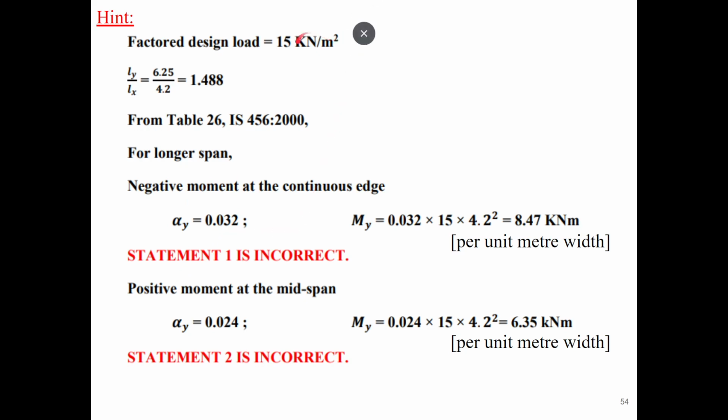W is 15. But we need lx, because my is alpha y w lx square and mx is alpha x w lx square. So lx is only required, not ly. So lx is 4.2, w is 15. So my is 0.032 into 15 into 4.2 square, which is 8.47 kilonewton meter, per unit meter width.